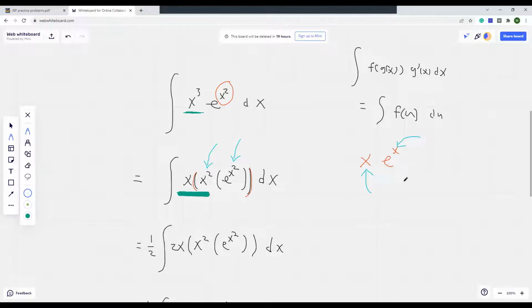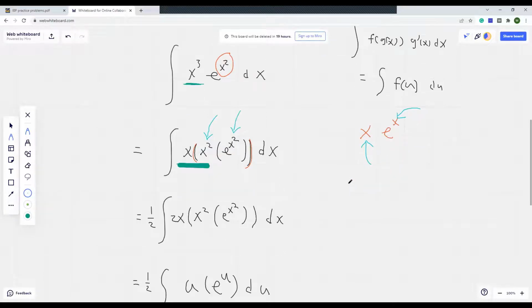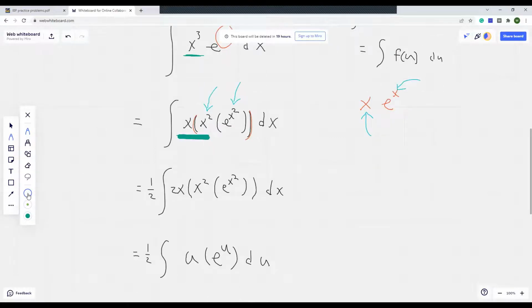So in this case, we can think of x times e to the x, right? That's our outer function. We're plugging in x squared into that one. So we plug in, and well, we're still not multiplying by the derivative of x squared on the outside, but that's okay, because we can manipulate things in such a way that we most certainly are. We added 2 to that x. Now we're multiplying by 2x.